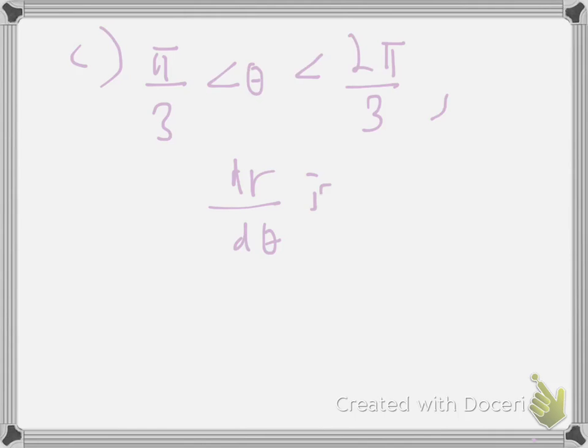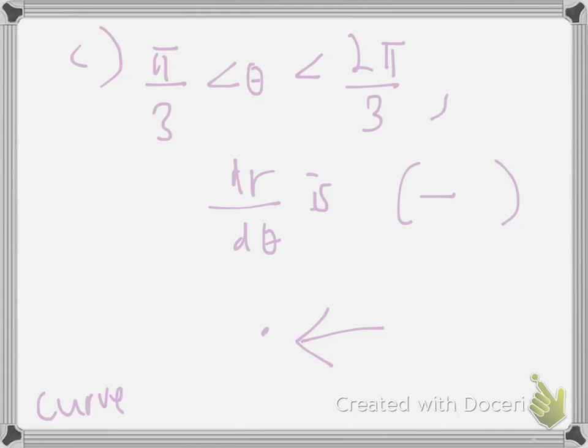So it says that between pi over 3 to 2 pi over 3, dr over d theta is negative. Now, if it's negative, we know that the particle is moving towards the origin. It keeps on moving towards the origin. That way, the curve is getting smaller gradually.